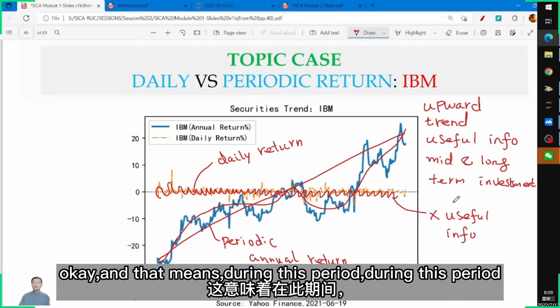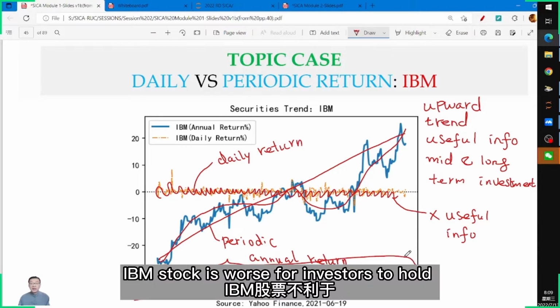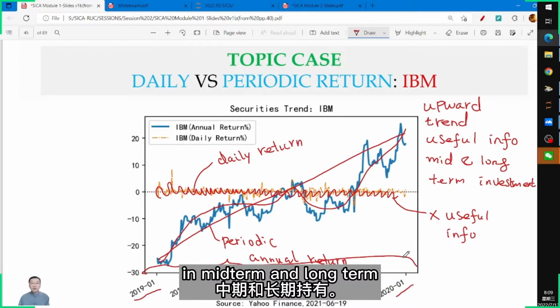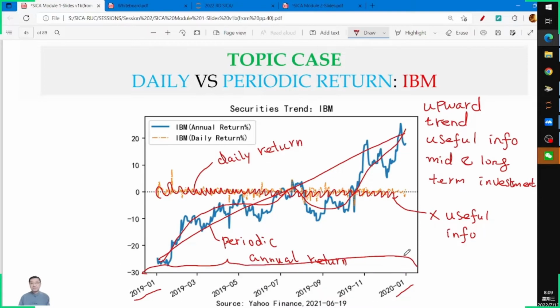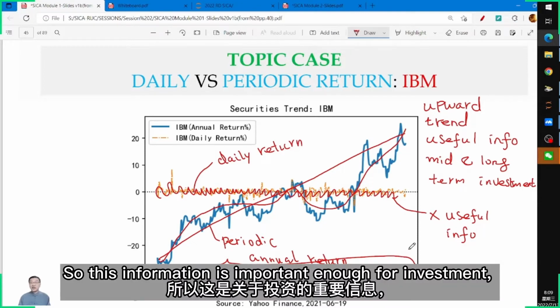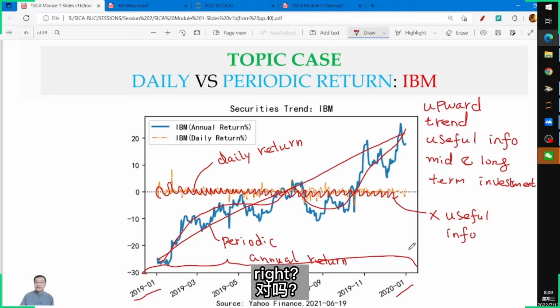And that means during this period, IBM stock is worth holding for investors in the mid-term and long-term. So this information is important enough for investors, right?